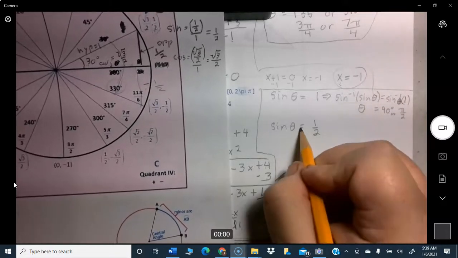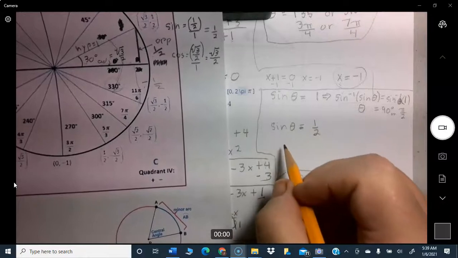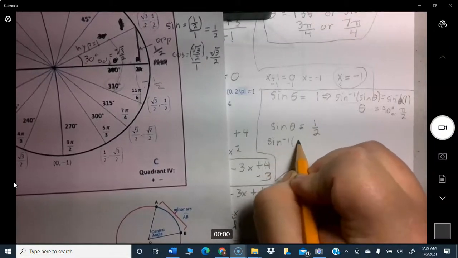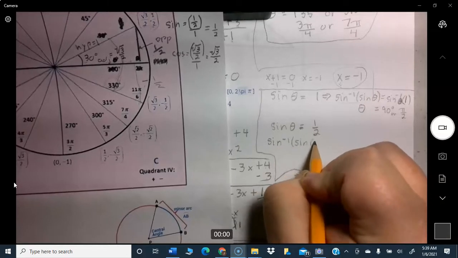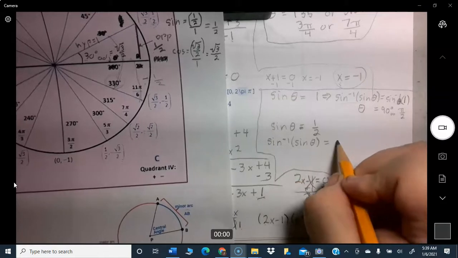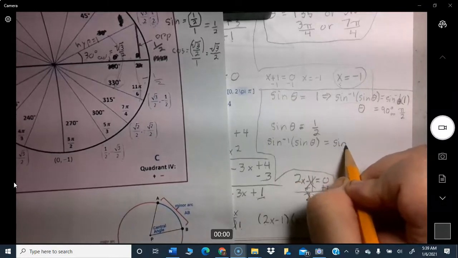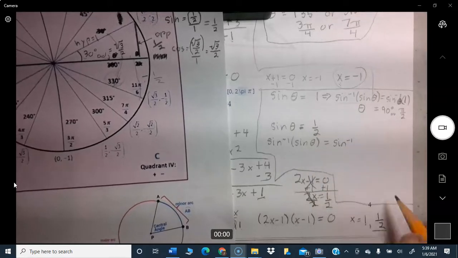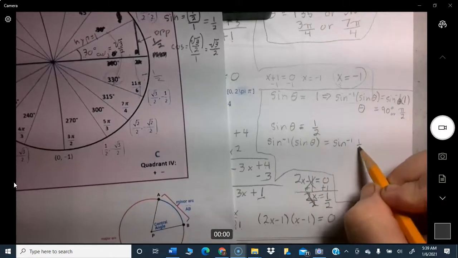Okay, how about this one? I think I have enough space down here. I'm going to take the inverse sine of theta equals inverse sine of 1/2, the other number that we got for x.